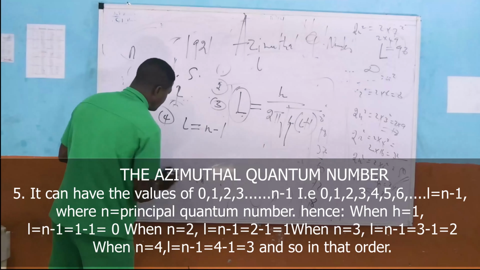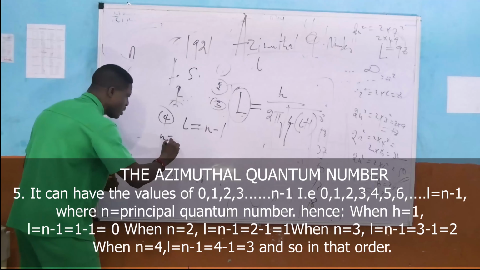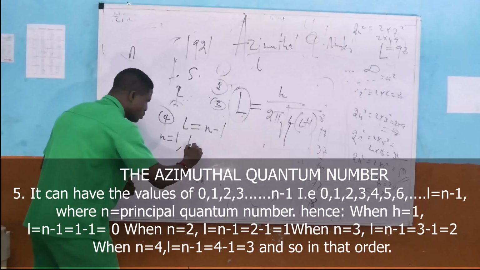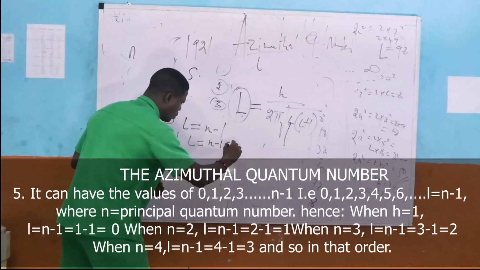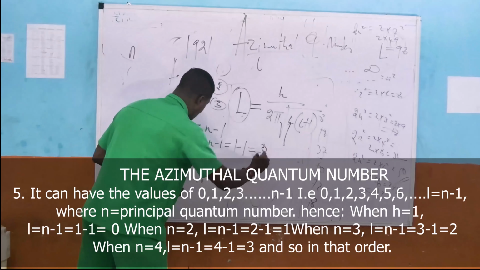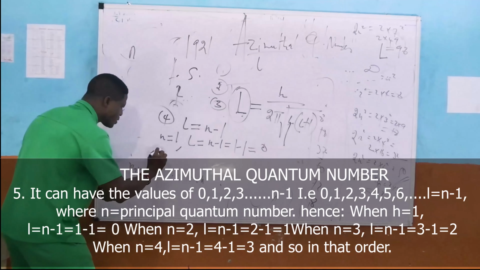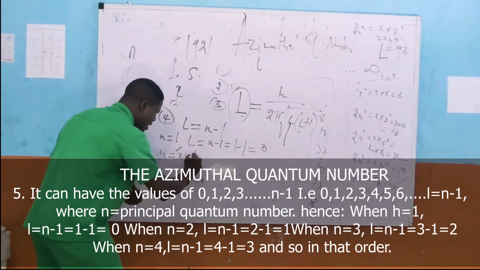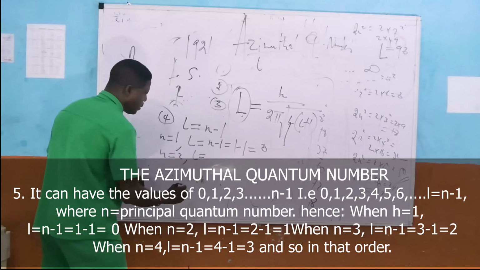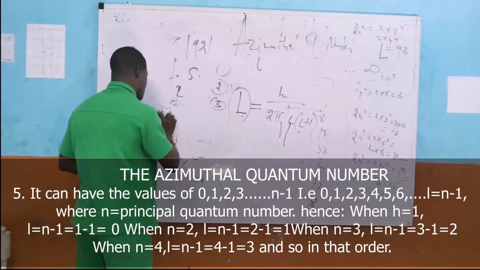That is to say, when n equals 1, l equals n minus 1, which is 1 minus 1, and that equals 0. Let me make it in a manner that will be clearer.